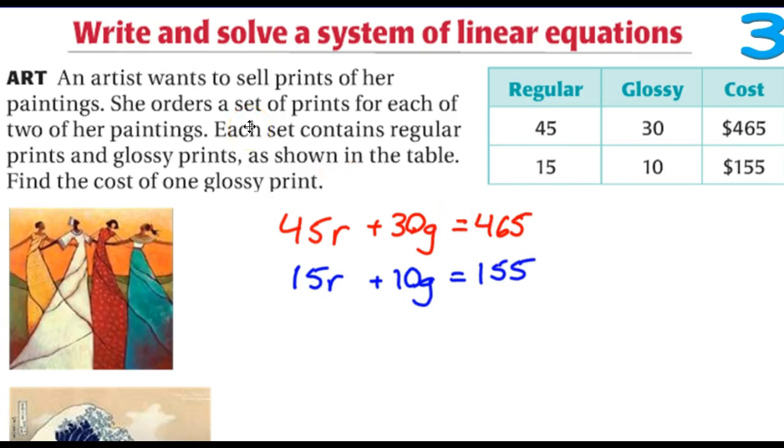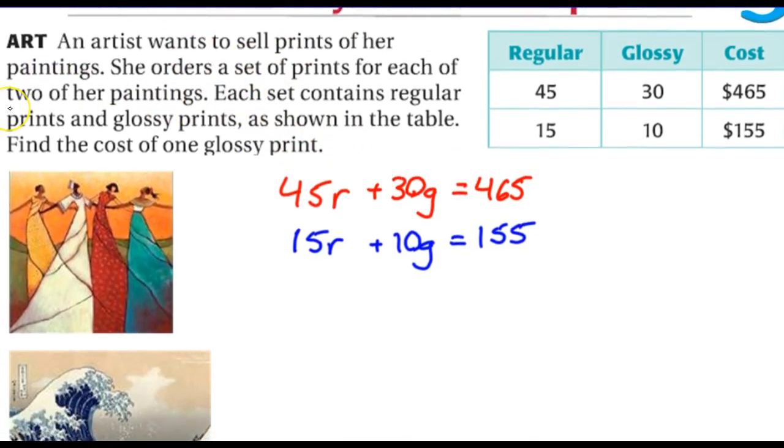We can solve this by using any of our forms of solving systems: graphing, substitution, or elimination. It looks like this one's going to be easiest to solve using elimination. So what I'm going to do is that I know that 15 times 3 would equal 45. So I'm going to multiply this all by 3.